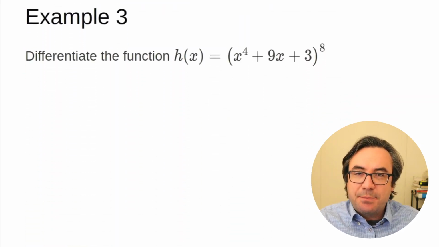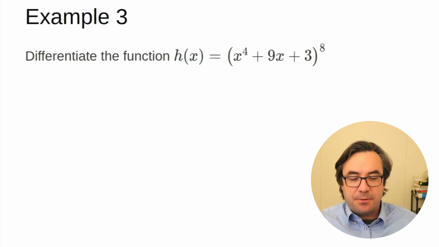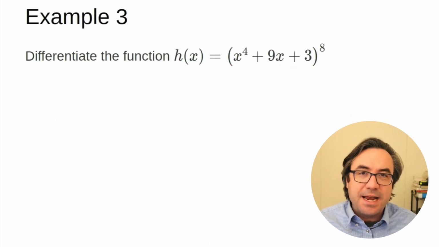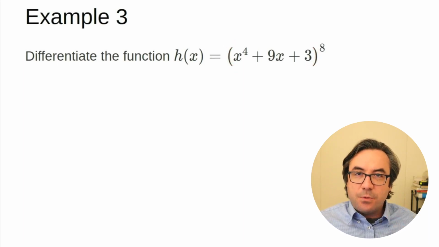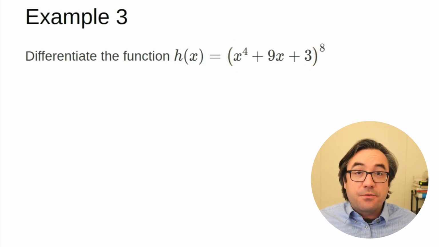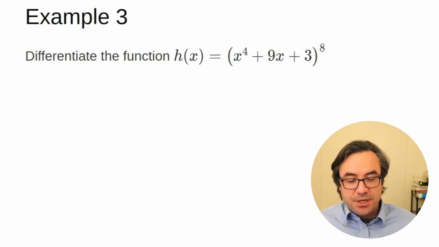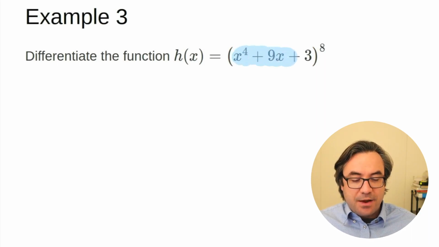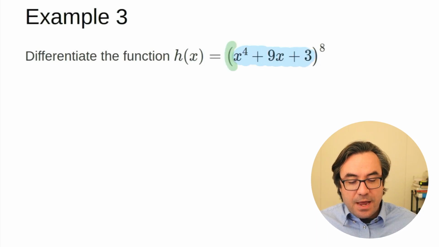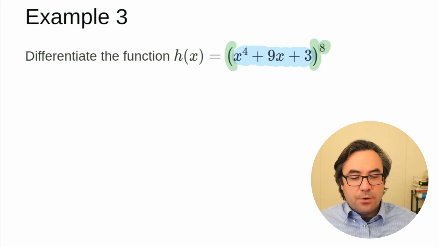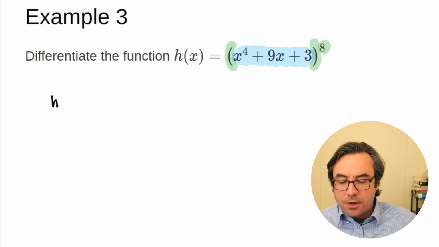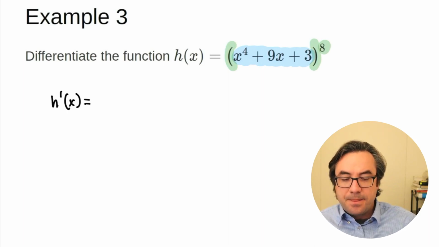So let's look at that composite function we talked about, x to the 4th plus 9x plus 3, raised to the power 8. Again, we went through and figured out the inner function and the outer function here. So let's keep that in mind. When we go to calculate the derivative, we're going to call our derivative h prime.